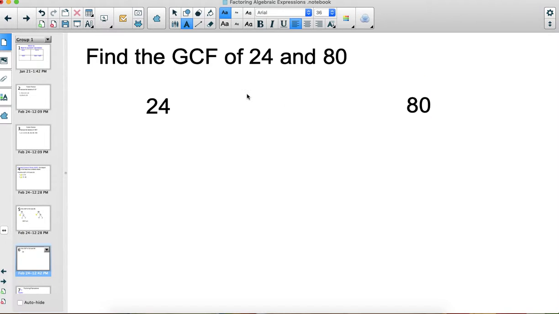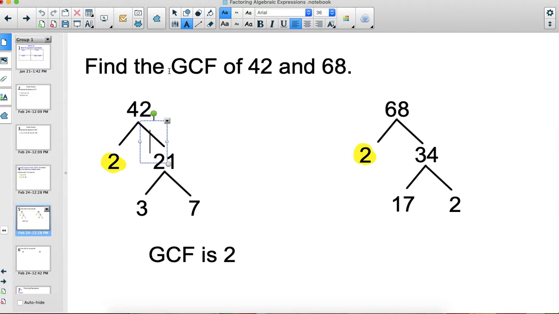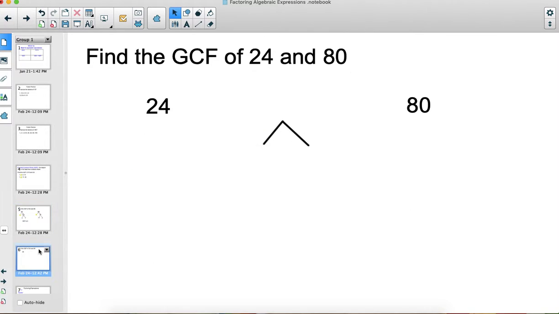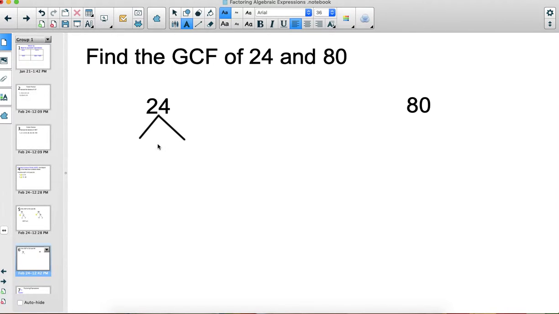So 24 and 80. I'm going to do the factor tree real quick. All right, 24. Then you could use 6 times 4. You could do 2 times 12. It doesn't matter. You're still going to end up with the same answer. So I'm going to go 6 times 4.